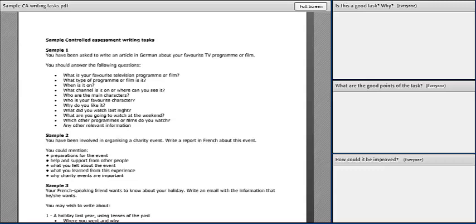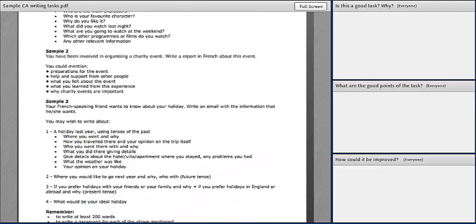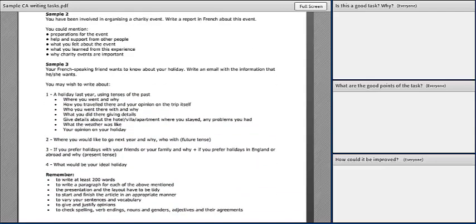So the best sort of controlled writing tasks are phrased in such a way that the candidate can link the paragraphs in some way or another. The other thing I would add to probably all three of these tasks is some phrase about the length. Yes, the final task actually does that.